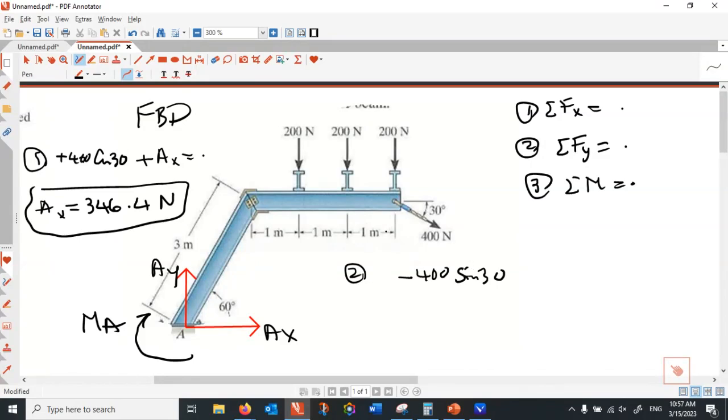Sorry? AX is negative. Yes, that's negative. Thank you for that, Marianne. So that is minus 400 sine 30 minus 200, 200, 200. That is minus 600, right? Plus AY is equal to 0. So that is minus 200, minus 200, minus 600, minus 800. AY becomes 800 Newton.